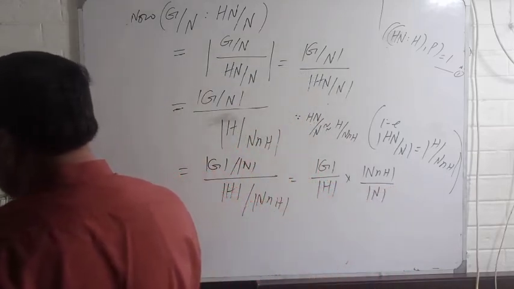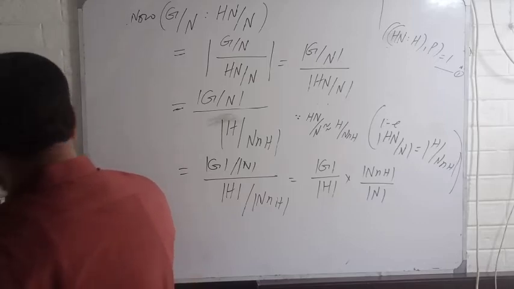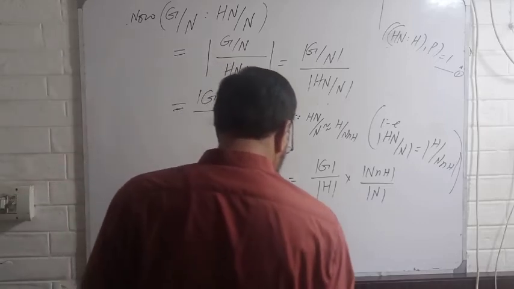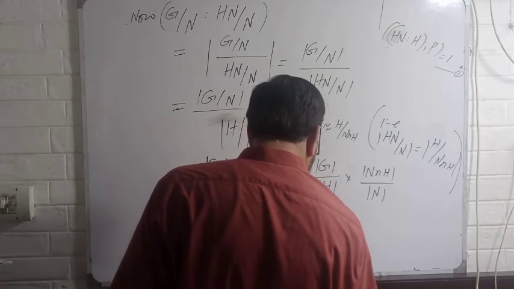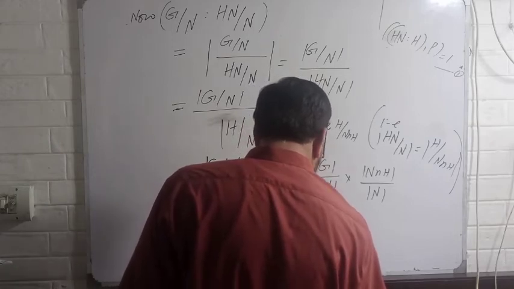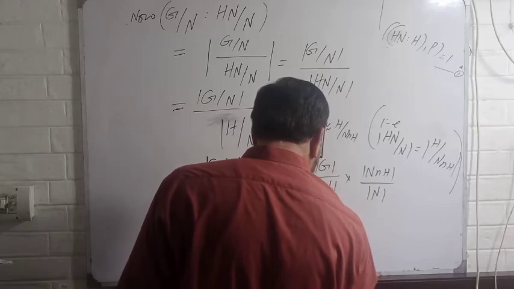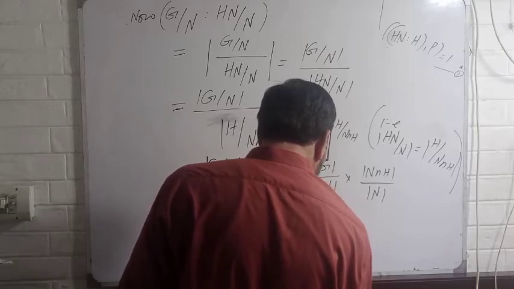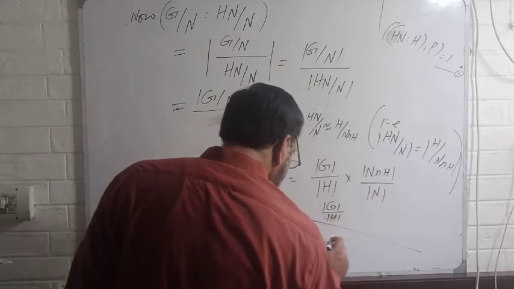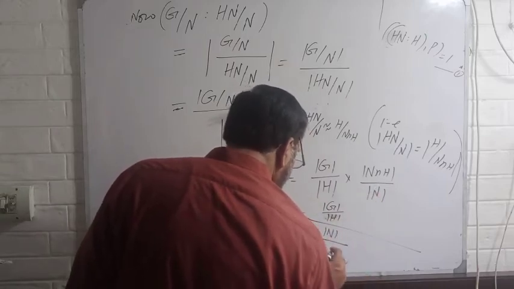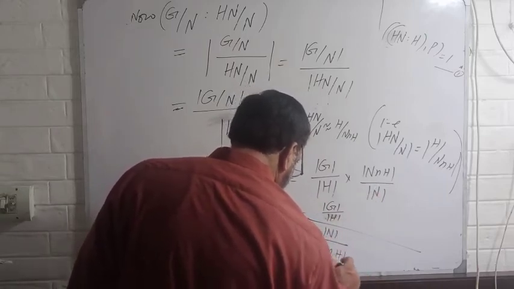This further can be written as order of G by order of H, whole divided by order of N by order of N intersection H.